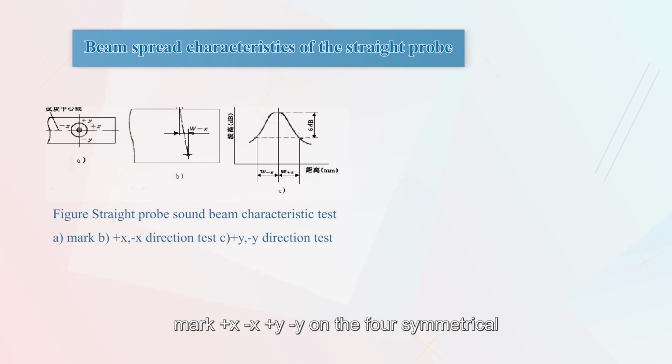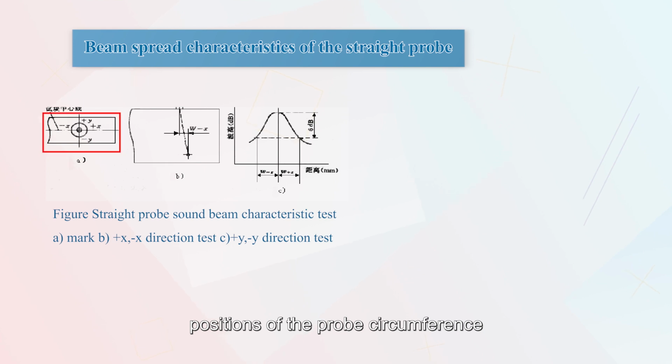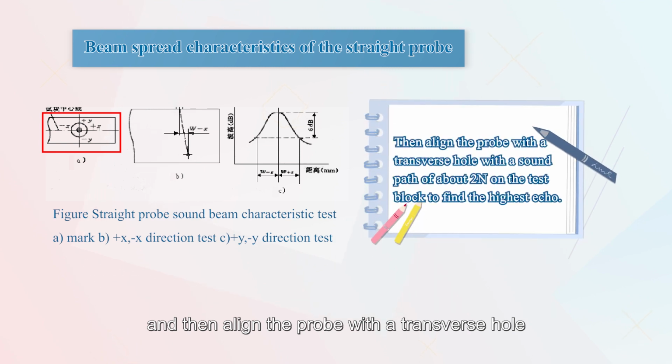First, look at the beam spread characteristic of the straight probe. Mark 1, 2, 3, 4 on the 4 symmetrical positions of the probe circumference, and then align the probe with a transverse hole with a sound path of about 2N on the test block to find the highest echo.